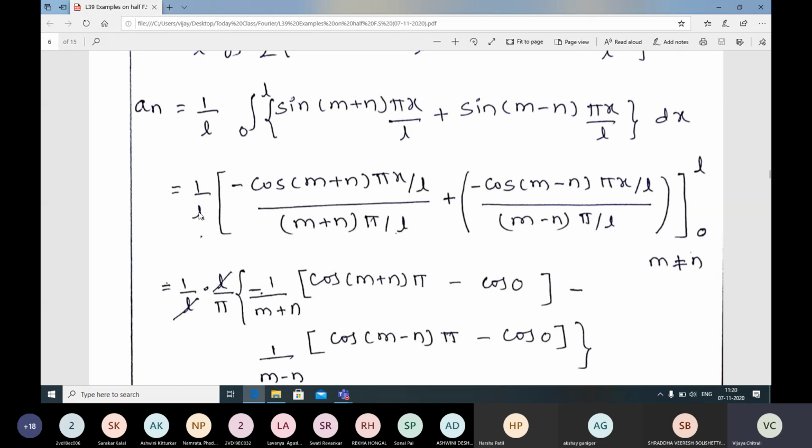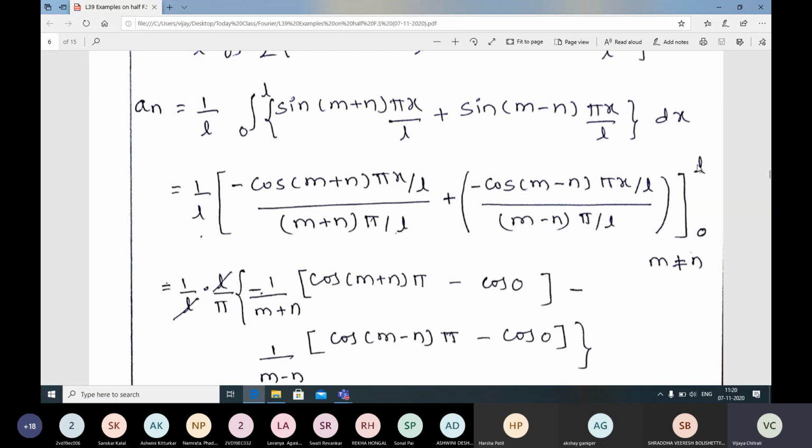Now 1 by L is as it is. Now this pi by L is common for both the terms. Take it outside, so this is in the denominator. Take this into the numerator, reciprocal L by pi, and this minus as it is, and m plus n is as it is.